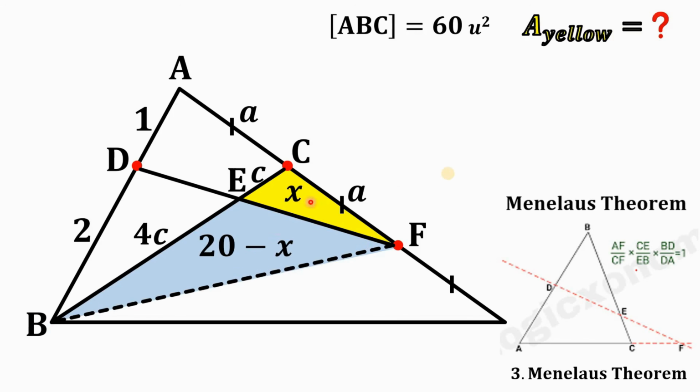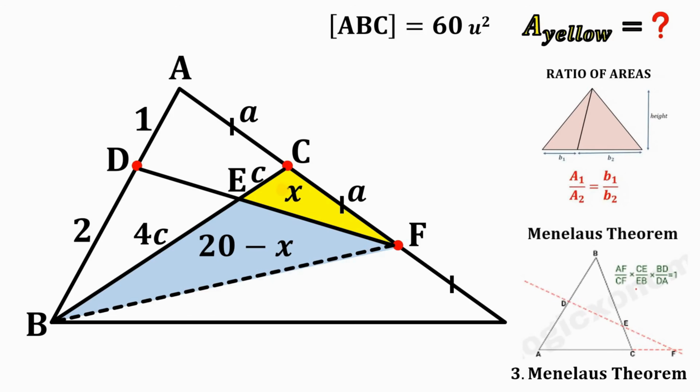So again, using our friend ratio of areas, these two triangles, yellow and blue, having the same height. Therefore, the ratio of their areas must be equal to the ratio of their bases. So we have x over 20 minus x equals c over 4c. Simplify, this will give us 1 is to 4. Now, we are now ready to solve for the value of x.